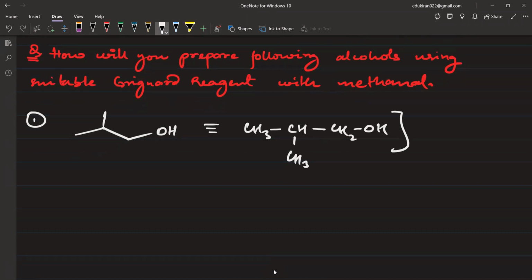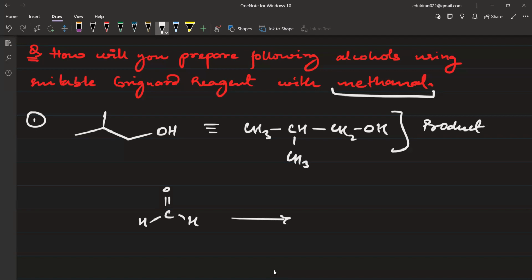This is my alcohol. That means they have already given the product to me, and they have also given one of the reactant molecules, right? So they have given me methanol, which is carbon with a double bond O, one hydrogen here and the other hydrogen here, and it is going to give me this product, CH3 CH CH3 CH2OH.